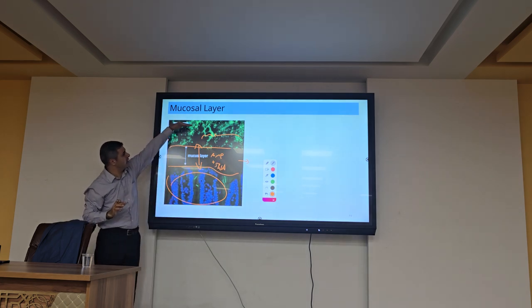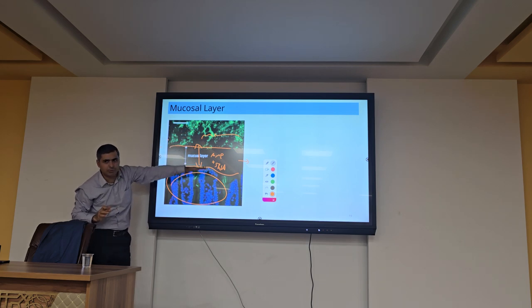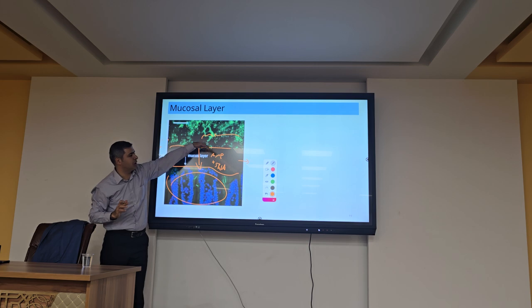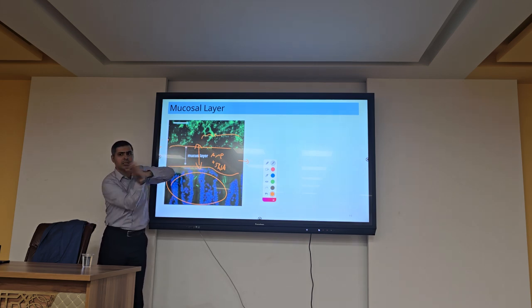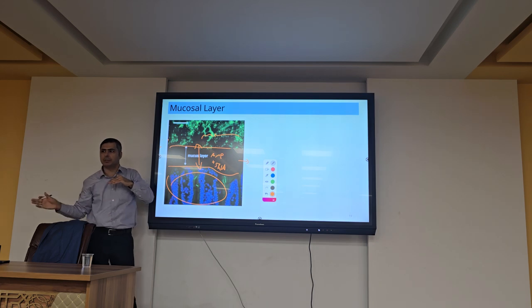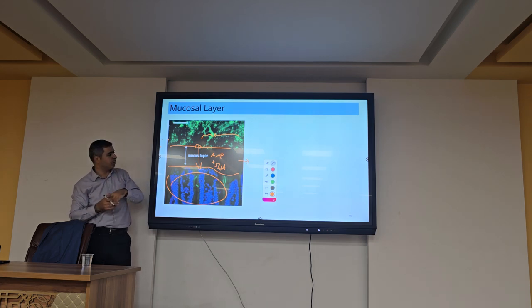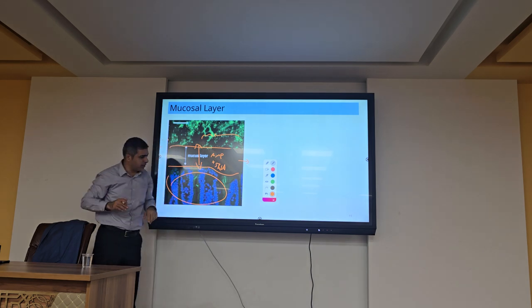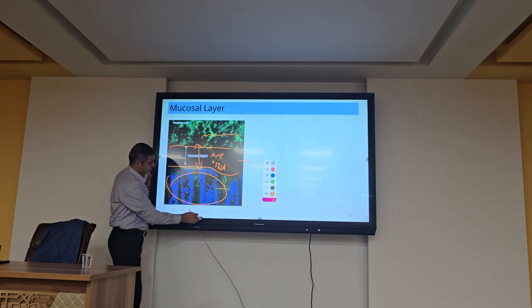If any microorganisms try to come toward epithelial cells, the antimicrobial peptides try to kill them. Besides, secretory IgA tries to bind to them and neutralize them, preventing them from binding to the epithelial cells. So we have a mucus layer containing antimicrobial peptide and SIgA.